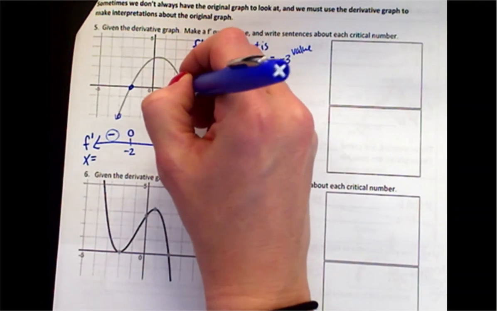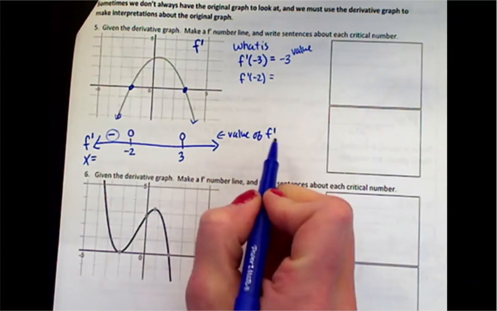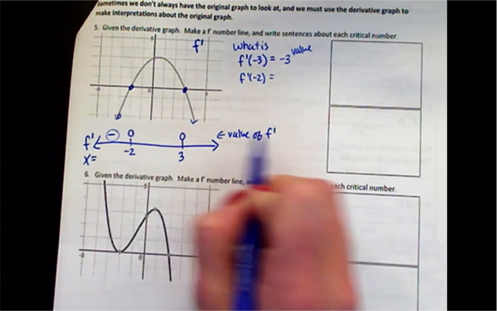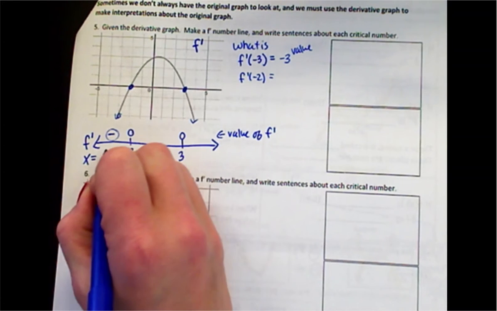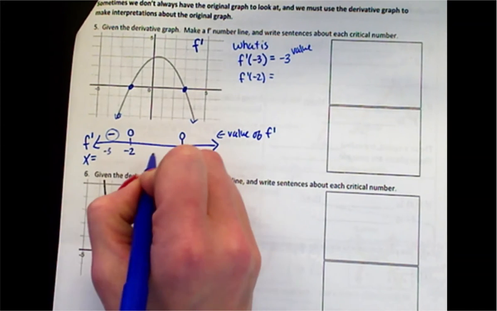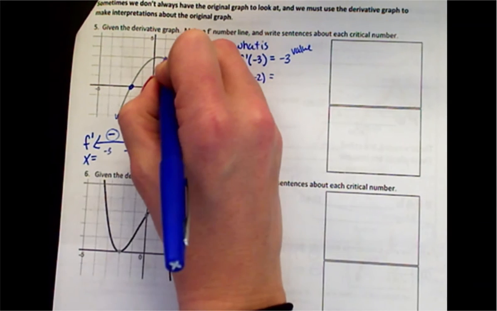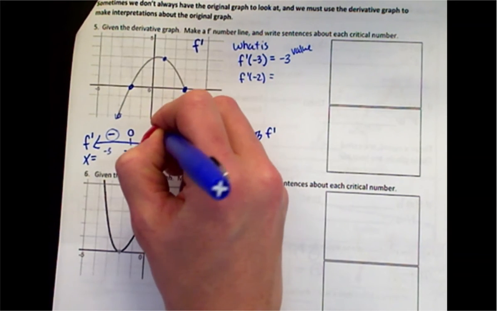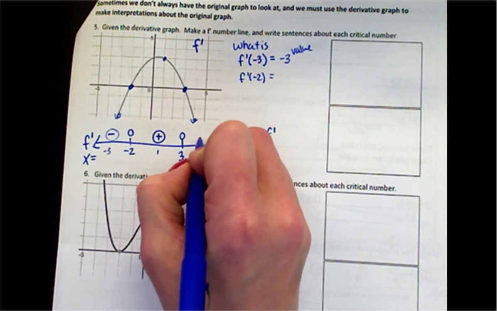Okay, so then the next 0 is over here at 3, right? These are recording the values of the derivative graph. Same thing as plugging in and evaluating. It's finding the y-coordinate associated with it. So let's test here. We tested -3. Let's test 1. So it's positive. Here we can test 4.